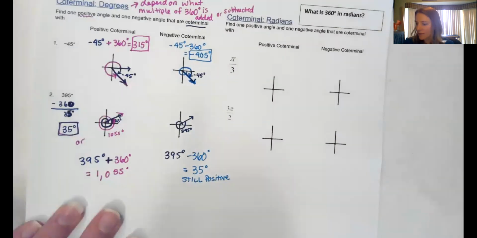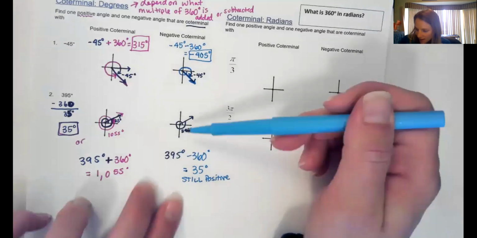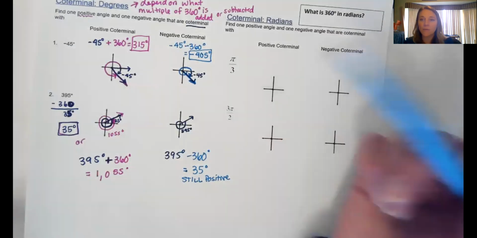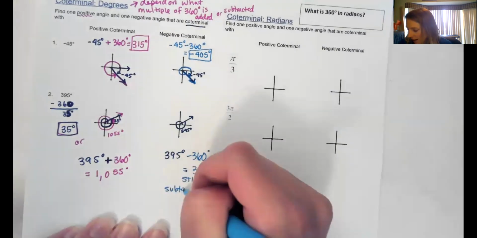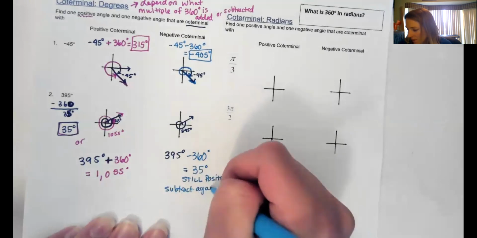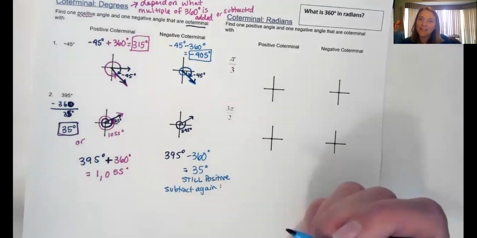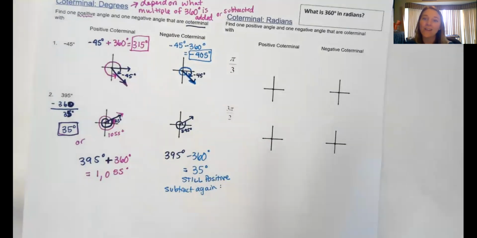We're trying to undo going around once, but we're still left with a positive angle. So what we have to do is subtract again. The thing to remember here is that you need to subtract until you get an actual negative angle that you can use as a negative coterminal angle.